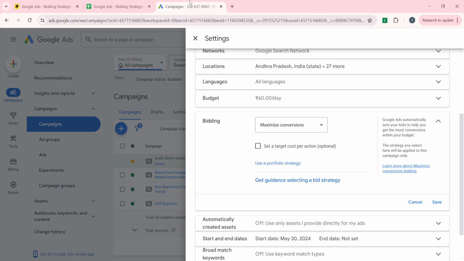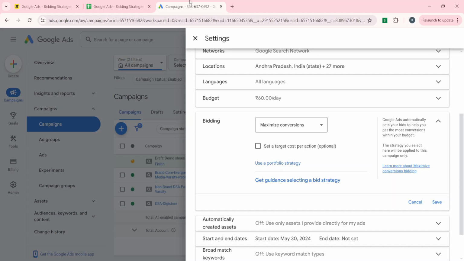In a millisecond, this algorithm analyzes the search, the person making the search, as well as the auction, meaning how many others are bidding for the same thing. Based on these factors, the algorithm will decide the probability of the conversion and bid based on how likely it is that they will convert. The algorithm can also be much more aggressive at bidding and increase the bid significantly if it believes that the person will likely convert.